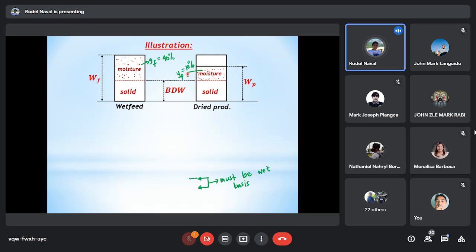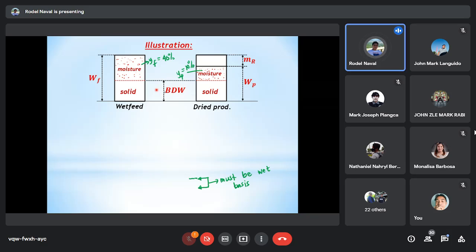So 1 minus 0.1 is 0.9. So for the one above, class, the moisture removed, MR, because MR plus WP equals weight of the feed. So MR is weight of the feed minus weight of the product, based on the illustration.